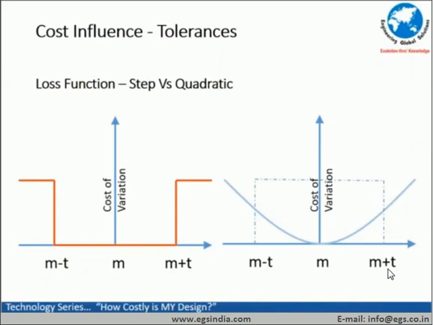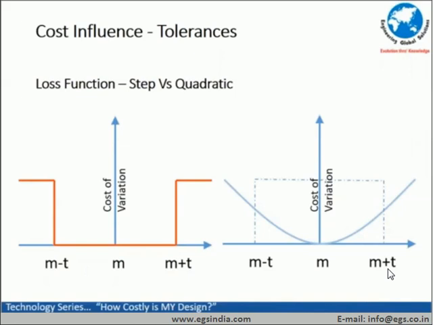As long as you are sitting closer to the nominal dimension, the cost of variation is less. As you move away from the nominal towards the specification limits, as specified by M minus or plus T, you would see on the right-hand side the quadratic variation professed by Taguchi's loss function, where the cost of variation keeps on adding to the cost.